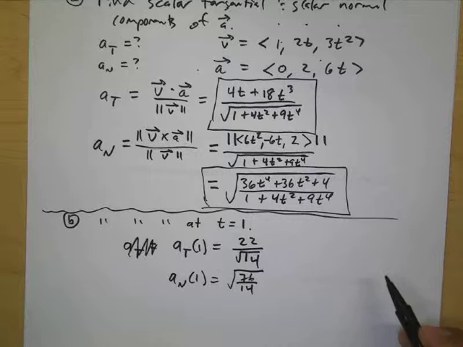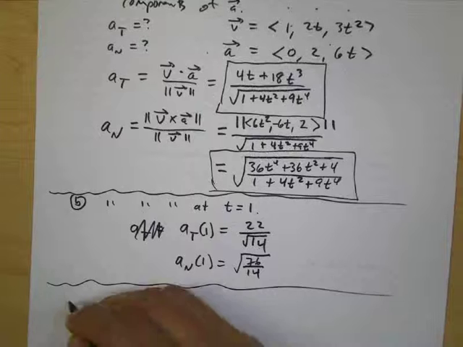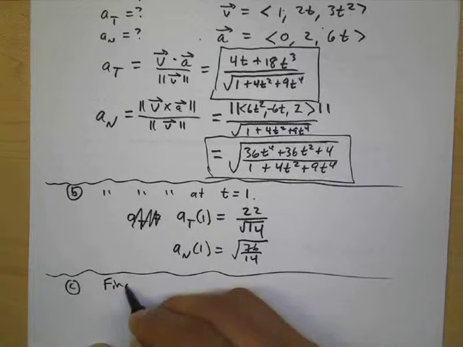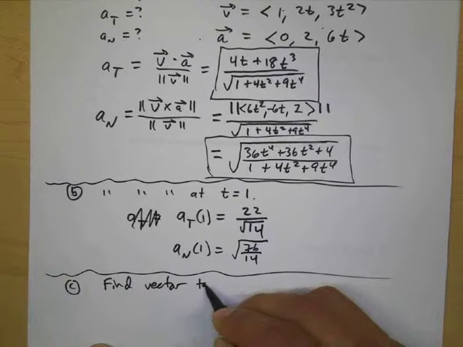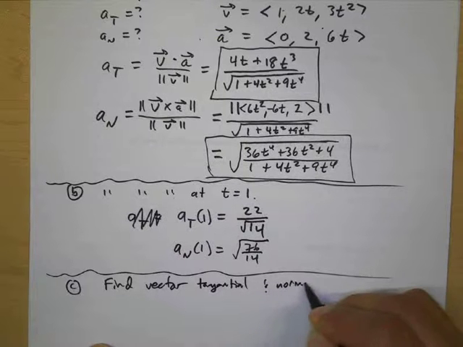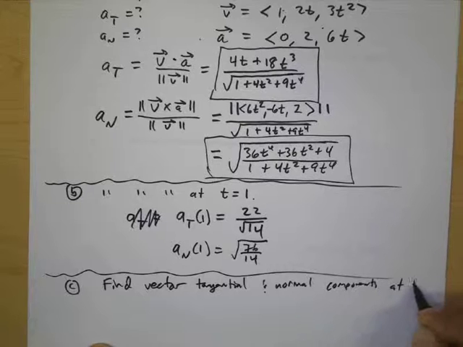Okay. Done. Part C: find the vector tangential and normal components at t equals 1.